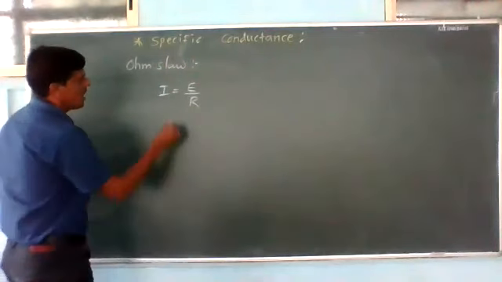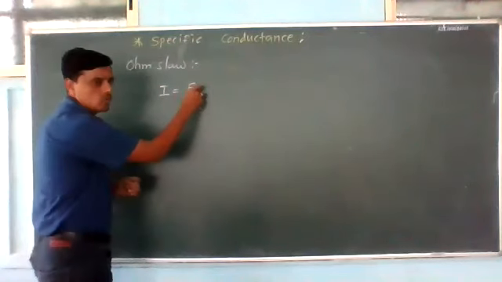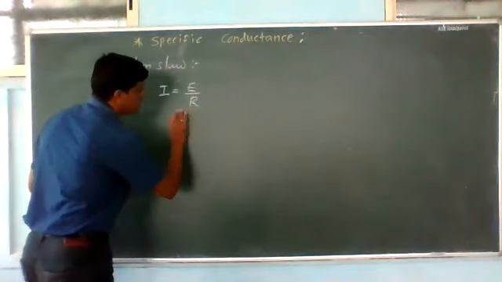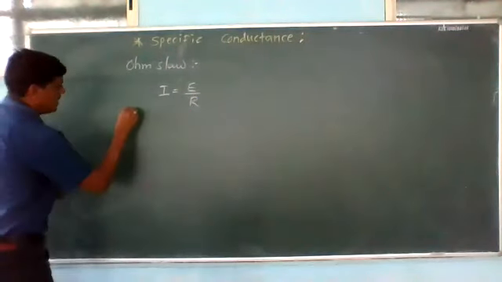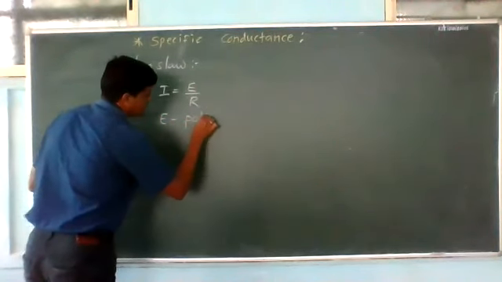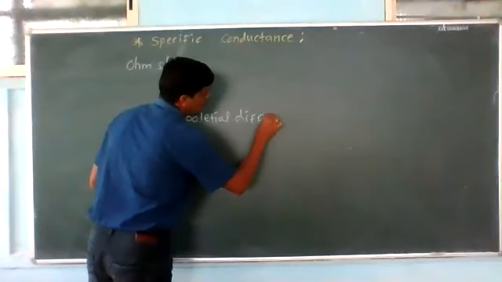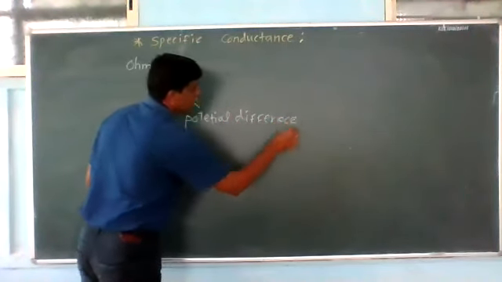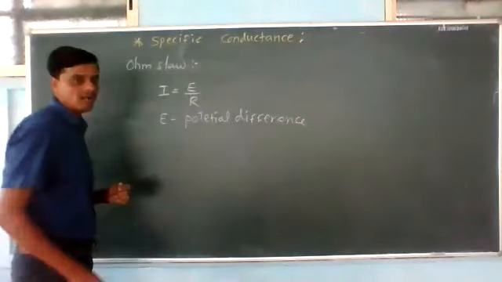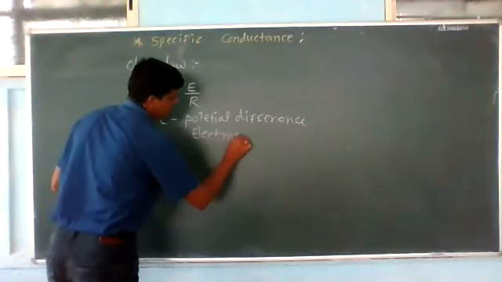And this amount of electric current passed through the solution is directly proportional to the potential difference and inversely proportional to the resistance, where E is the potential difference between the two electrodes, or this is also called the electromotive force.